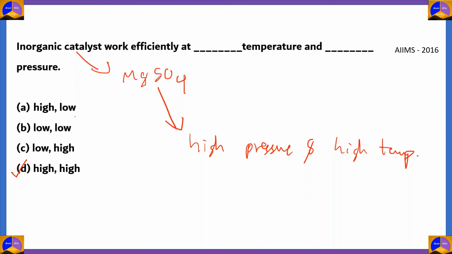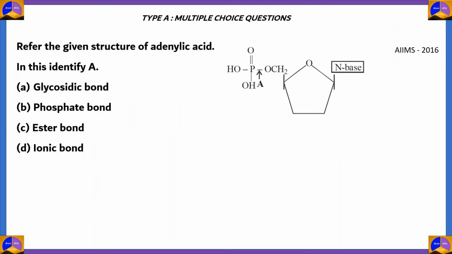So all of the others are incorrect. Option B in particular is for enzymes and not inorganic catalysts. Now, we've reached our final question. Refer the given structure of adenyllic acid. In this, identify the bond A given here.